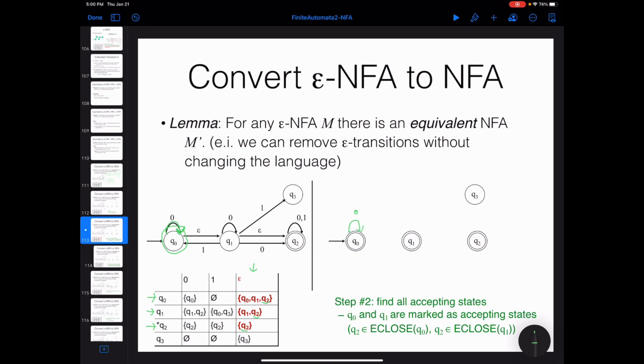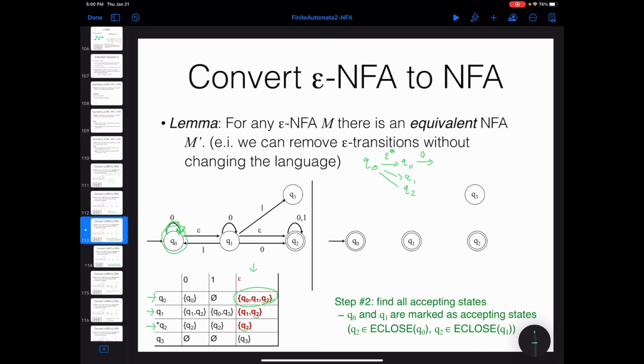But the thing is, when you are at Q0, before even adding this transition, think about it in this way. You are at Q0, right? Before applying the 0 transition, apply the epsilon closure. So because of the epsilon closure, I can be at Q0, I can be at Q1, and I can be at Q2, right? Then apply the direct transition of 0.